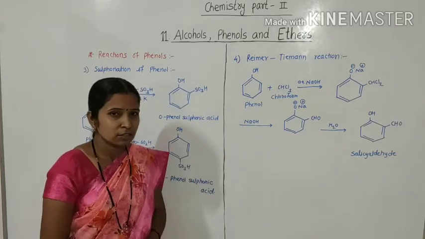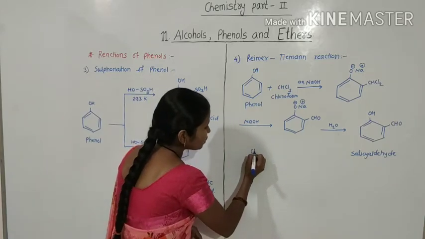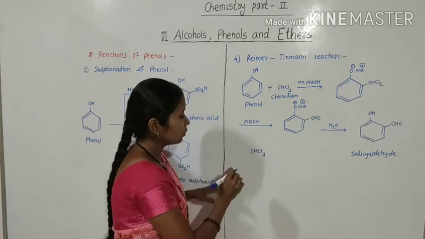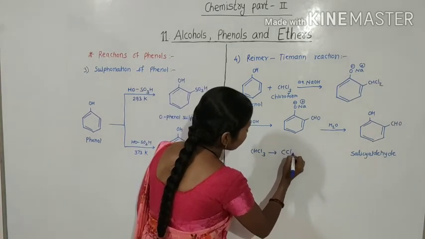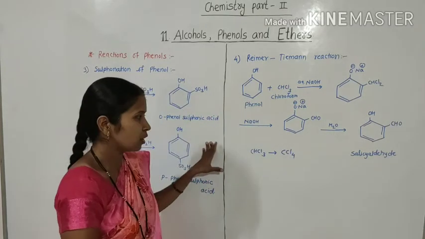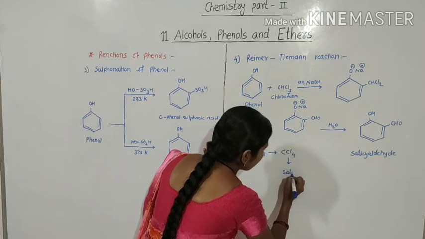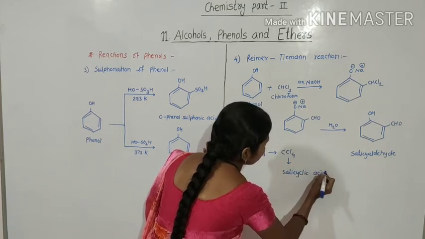If the reagent used is CCl4, carbon tetrachloride, instead of CHCl3, then we get salicylic acid.